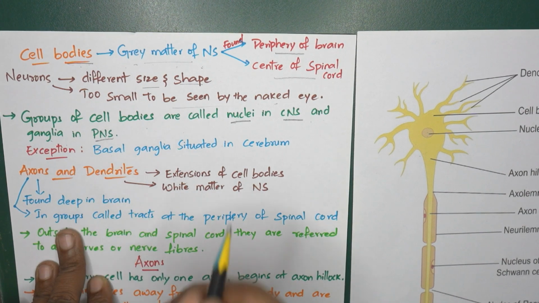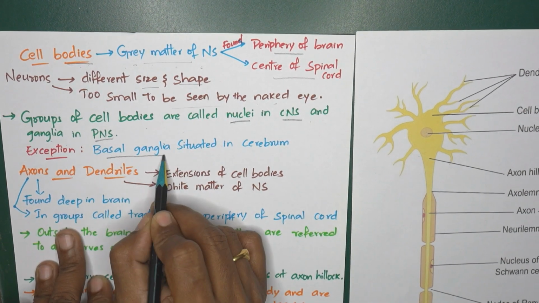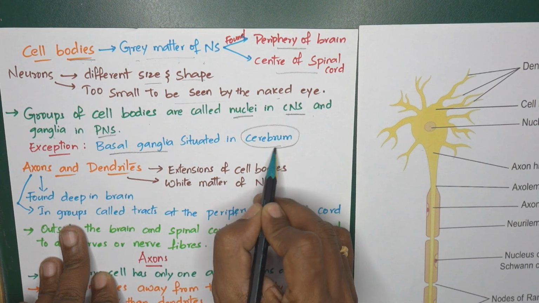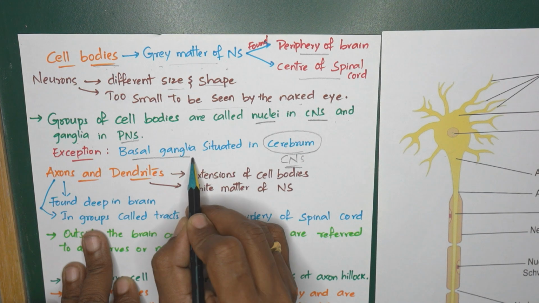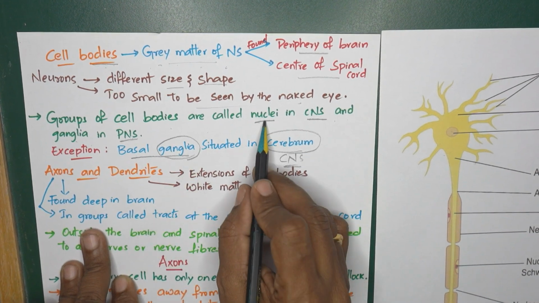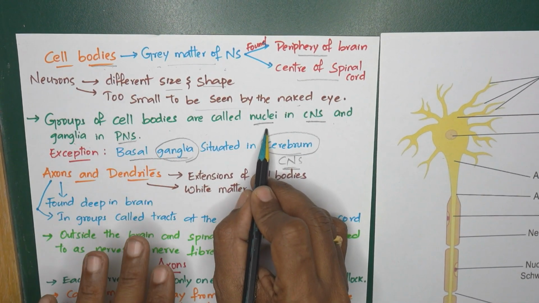But there is a single exception: the basal ganglia, though situated in the CNS in the cerebrum, is called ganglia rather than nuclei. That is the only exception here.